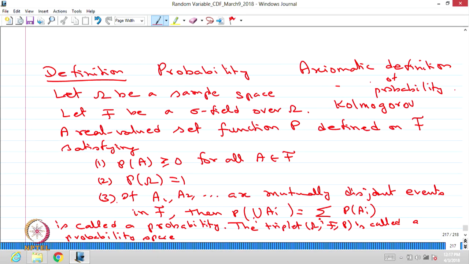Whereas this one does not have any assumptions, therefore in general it is true for any sort of situation where we are going to apply probability. So this is a very important definition called the axiomatic definition of probability. These three axioms or conditions are called Kolmogorov axioms, and the definition is called the axiomatic definition of probability.